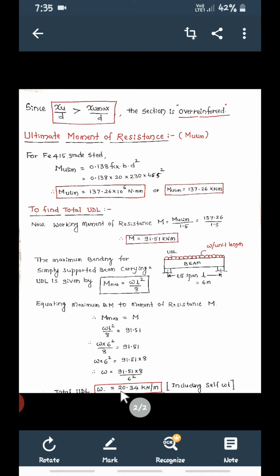This total UDL includes the self weight of the beam also, live load plus self weight of the beam. The total UDL will be 20.34 kilonewton per meter. This is the result they have asked in the problem, the total UDL which can be allowed on the beam section.